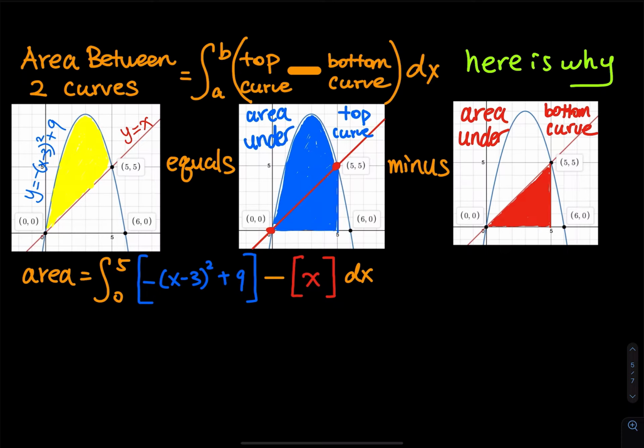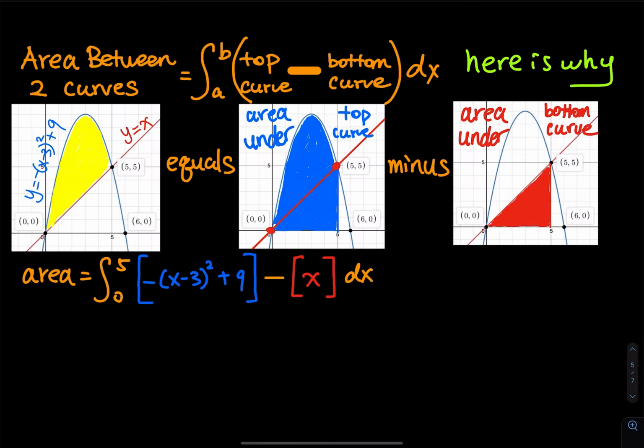That is very clear. So we will be using the parabola, the blue region, minus the straight line, the red region.